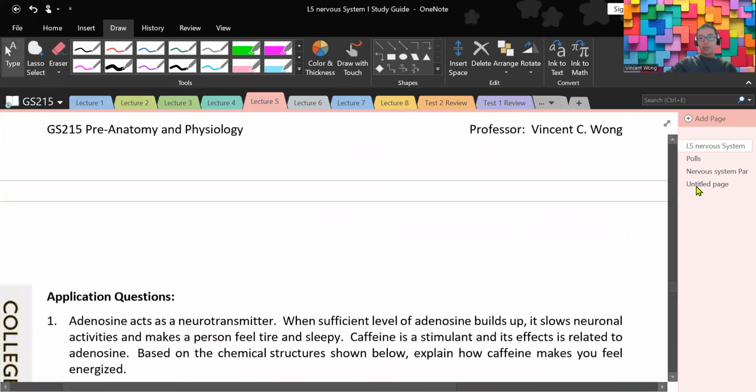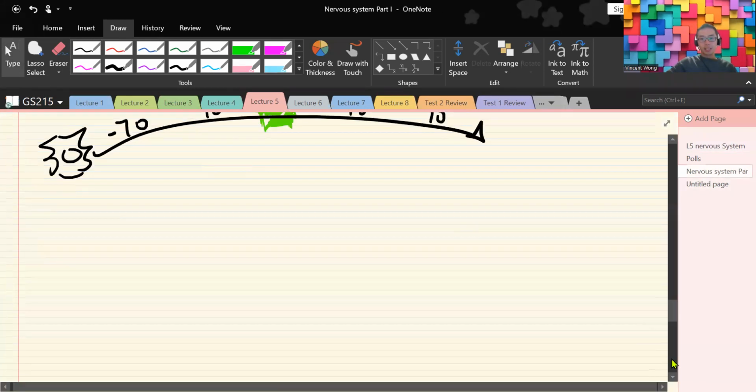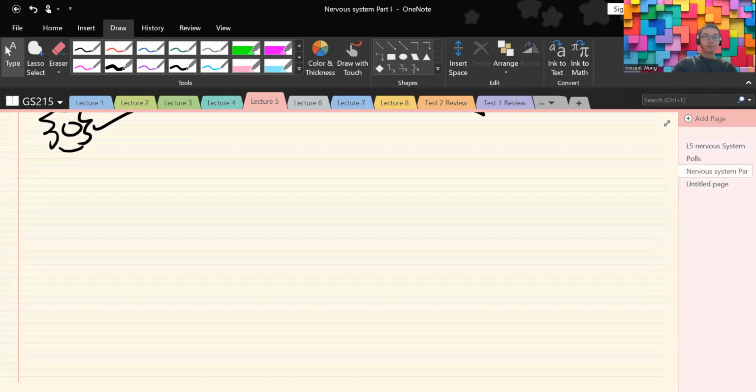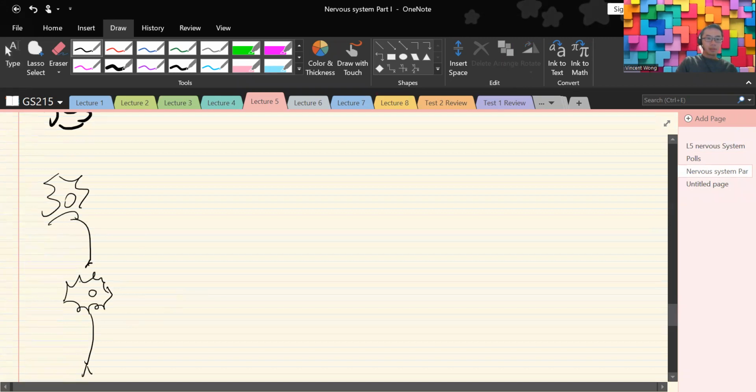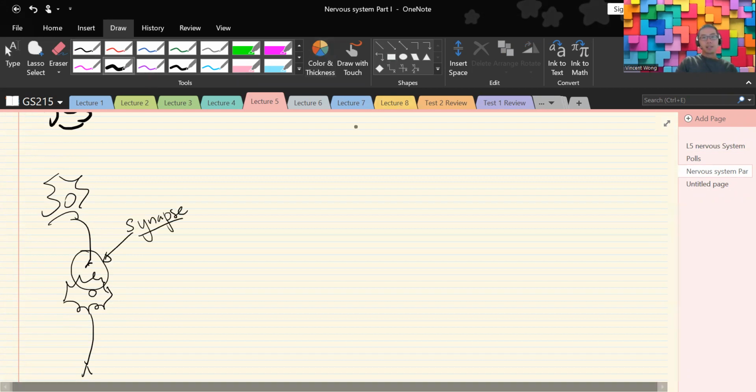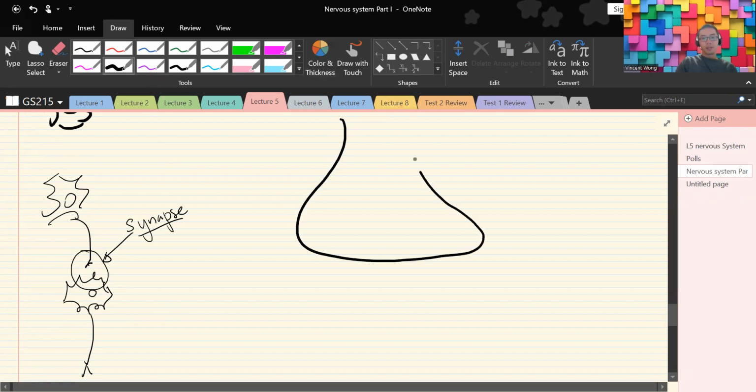Let's go and do our synaptic transmission. All right, so we have our neuron here, and then we have another one here. Okay, and then that's our synapse. So here we go.